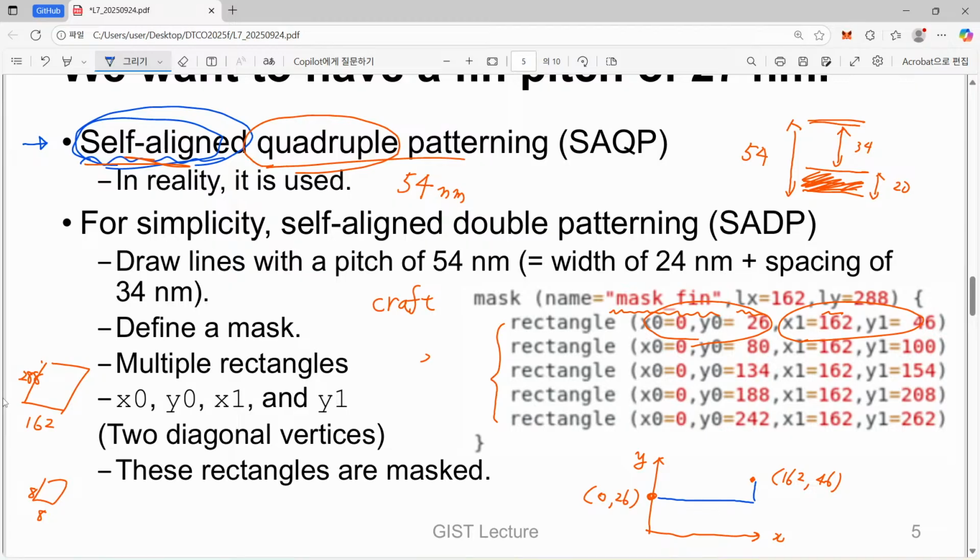So we are now saying that there exists a certain masked layer or region whose shape is given as this form.